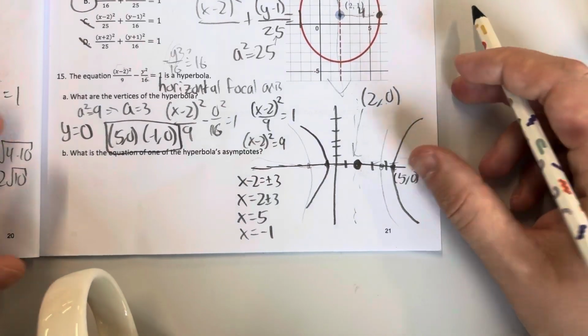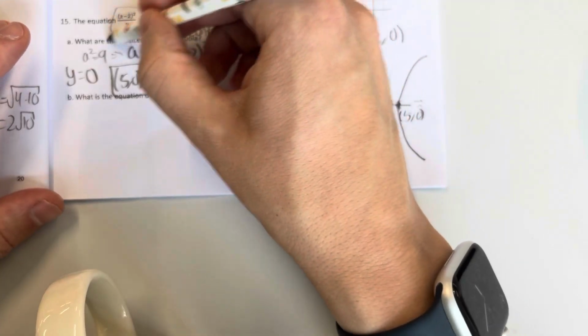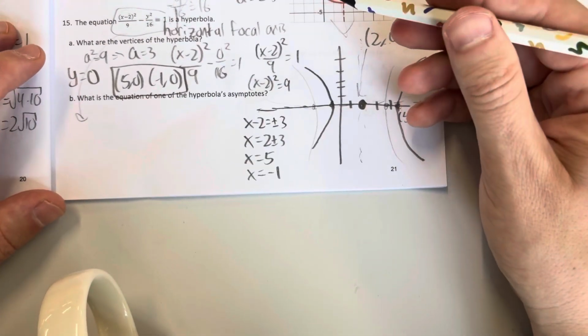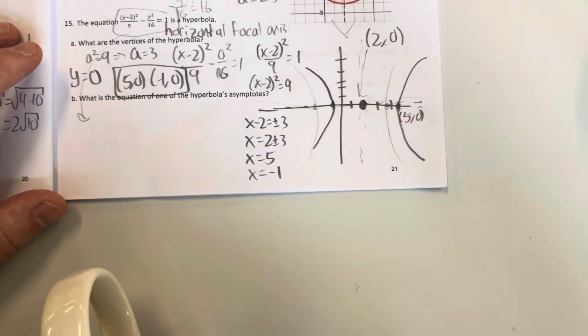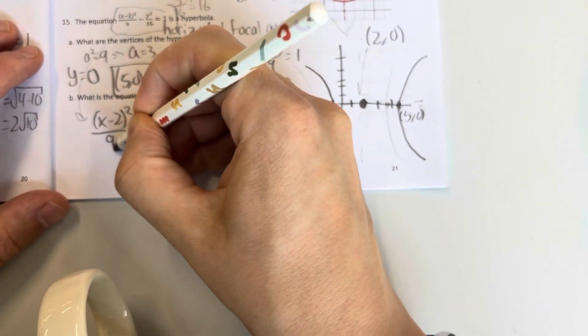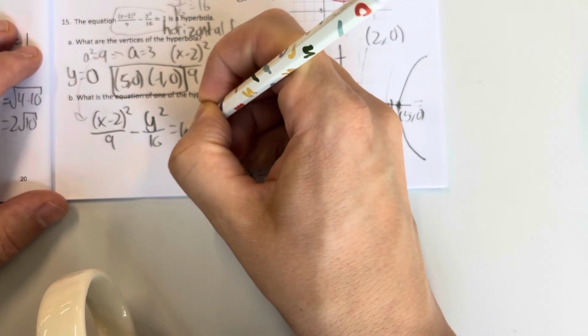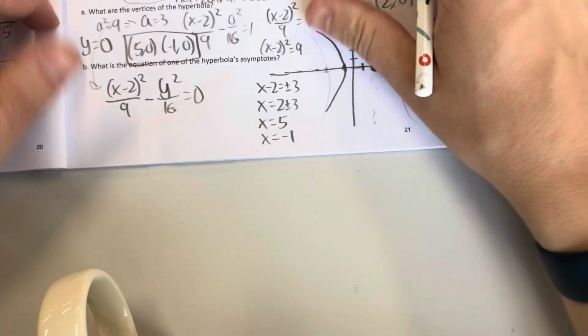And then, last but not least, the asymptotes. Let's do the old trick. Replace the 1 with a 0 and get the following. The asymptotes will fit this equation.